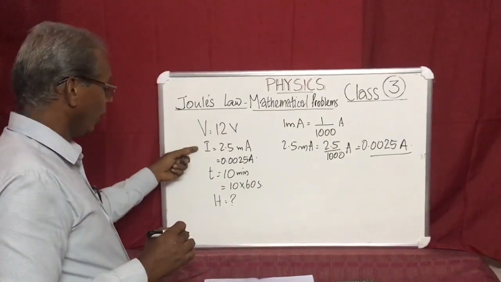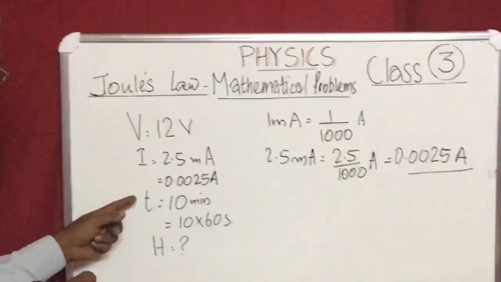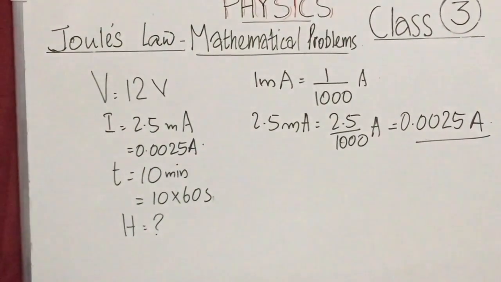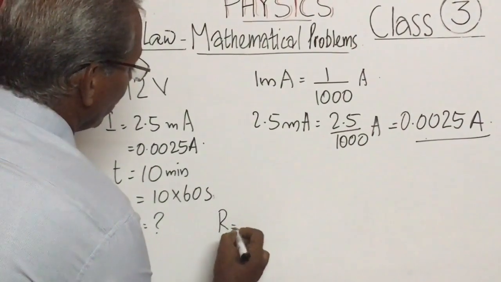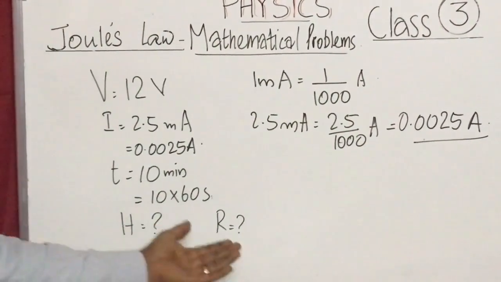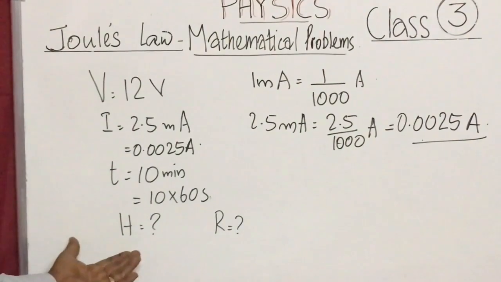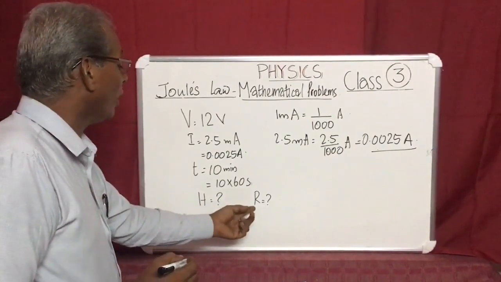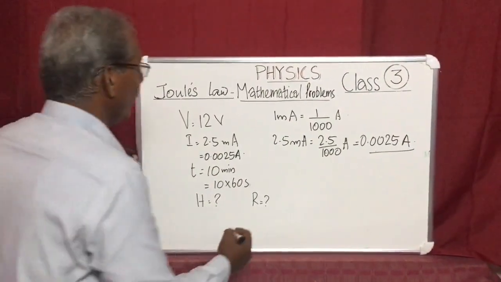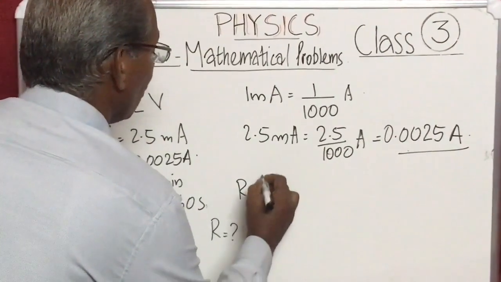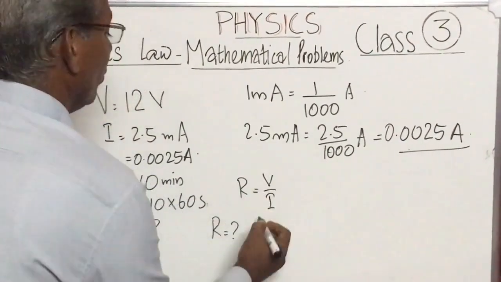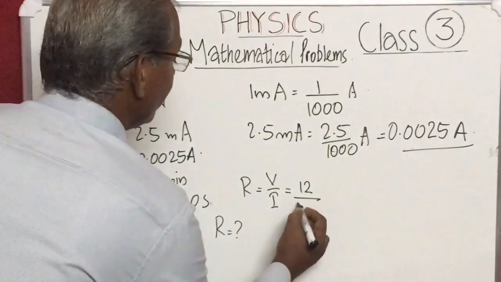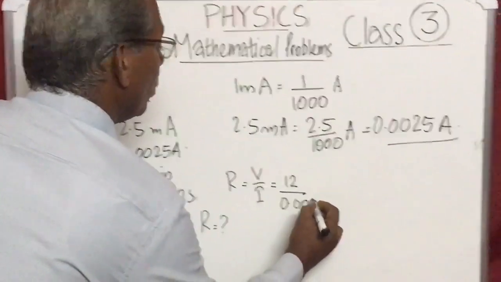V, I, T we have. Then in between there is one more question: what is the resistance of the resistor? That is also asked. R is equal to what? So we can first calculate R, then H. All the relationships we know, as discussed before: the R, V, I relationship. R is equal to V by I, which is equal to 12 by 0.0025.